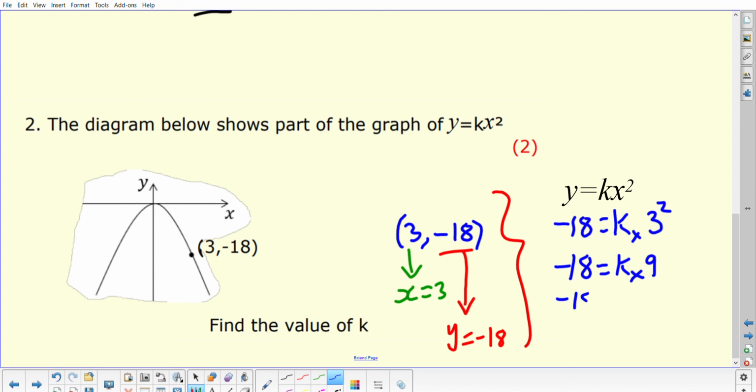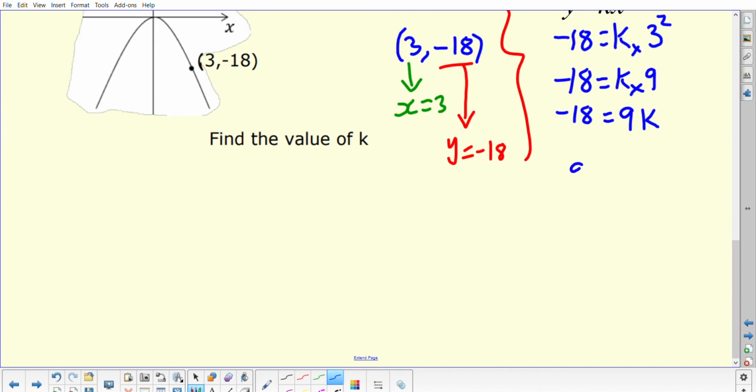We can then write that as -18 equals 9k. I would switch that round, make that 9k equals -18, and then you can quickly see that to get the k value I need to be dividing by 9 on each side, so we will get k equals -2.